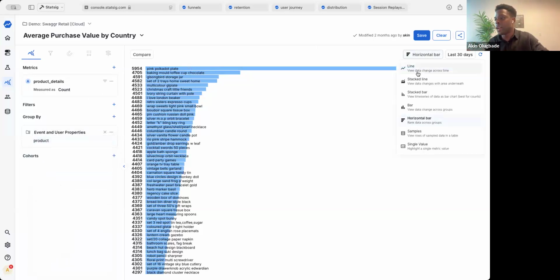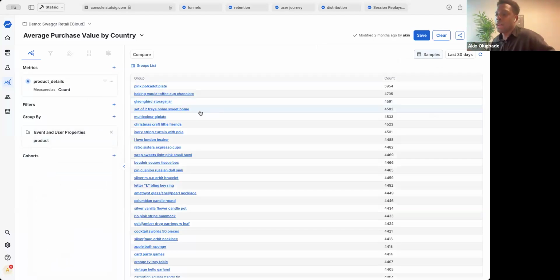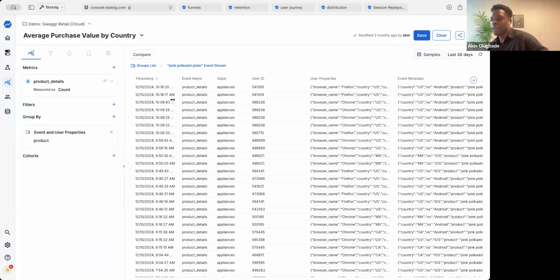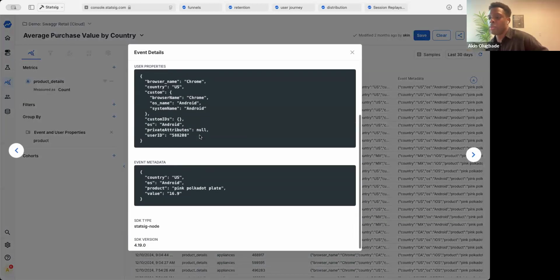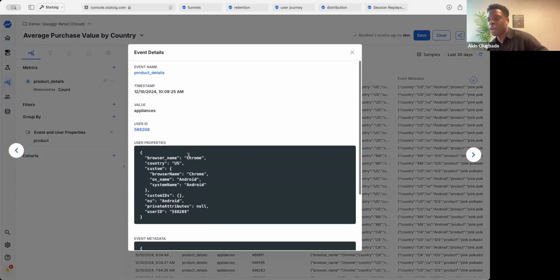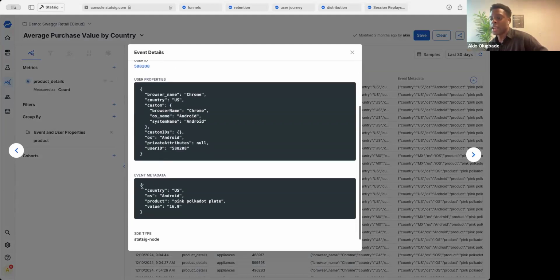Another way to look at this is to look at samples. We have a samples view that allows you to look at actual event logs. So we have things like the product pink polka dot plate. And you can really look at the individual event logs directly from Metric Explorer, and you can see all the context that was added as part of this event.